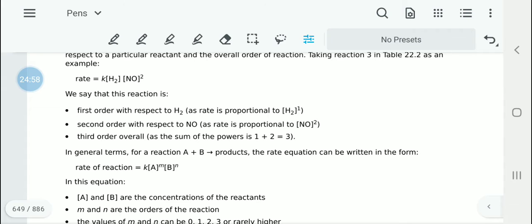For NO, it is second order. Rate is proportional to the square of the nitrogen monoxide concentration. For the overall reaction, the rate is third order, as we take the sum of the powers, 1 plus 2 equals 3.